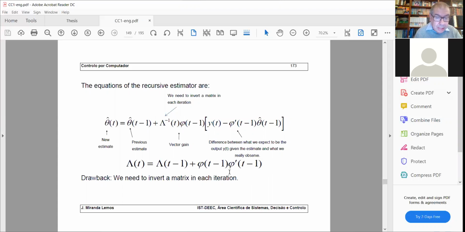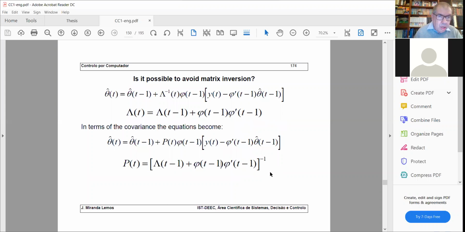So probably you can take advantage of this expression for lambda and the fact that each time you are modifying your matrix only along a direction. So probably you will need only to invert one scalar. Okay, that's a heuristic.